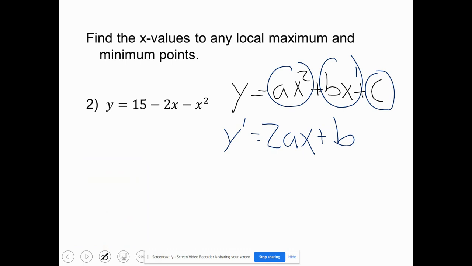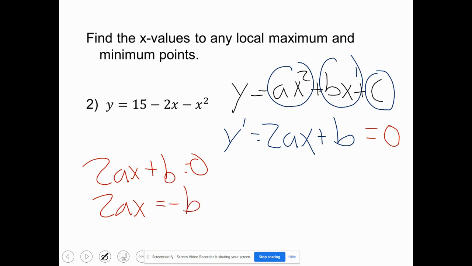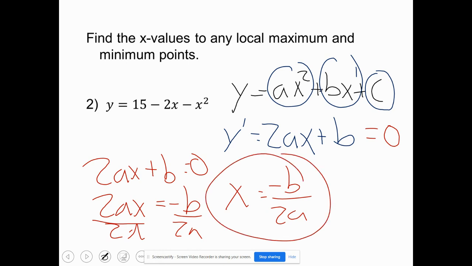And we are supposed to take that derivative and set it equal to 0 for all local max and mins. If you solve 2ax plus b equals 0, 2ax equals -b, divide by 2a, and notice what we end up with is that formula you have known since 8th grade to find the vertex. It actually comes right out of calculus. It is the first derivative of a quadratic, where we set it equal to 0 because we know that's where high points and low points should be.